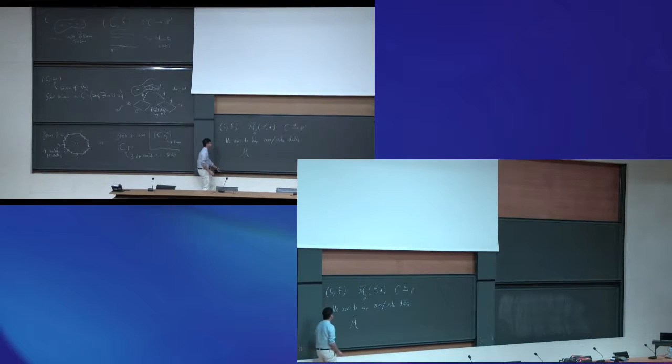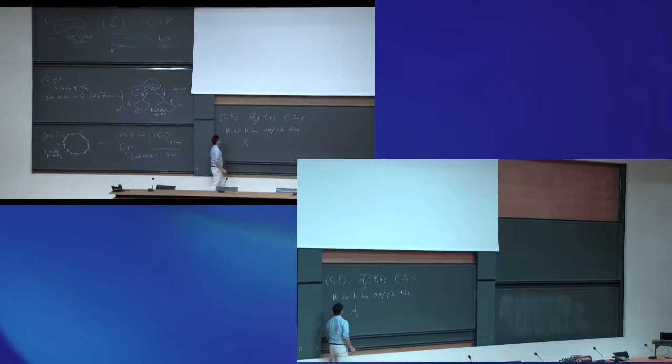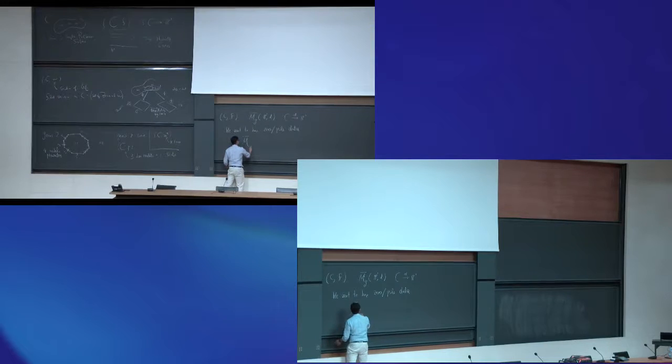There's a moduli space where I have the genus of the domain, and it's a map to P1. And instead of the d, I put a partition.